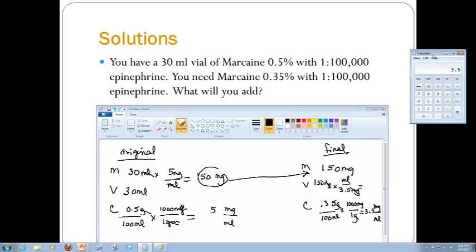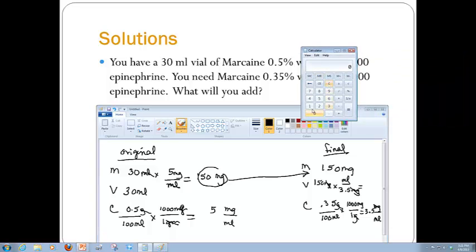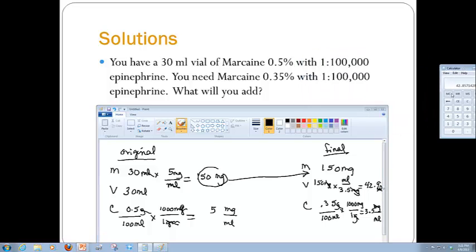We'll bring in the calculator. 150 times 1, actually, divided by 3.5 tells me that we need 42.9 milliliters in my final solution.